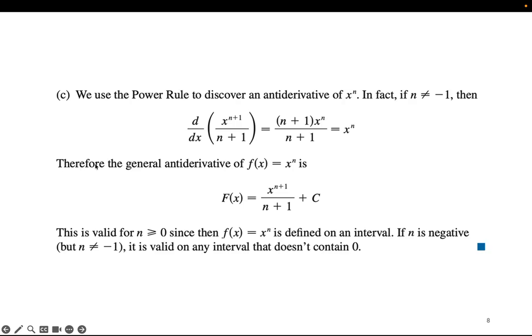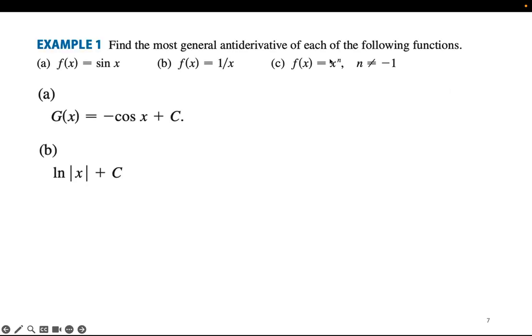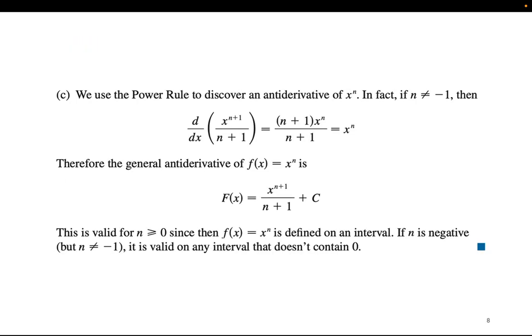And then lastly, this is basically the reverse power rule. The power rule tells us how to differentiate something like this. If I want to find the antiderivative, I just have to reverse the power rule. Remember, the power rule says that to differentiate something, you bring down the power and subtract 1.